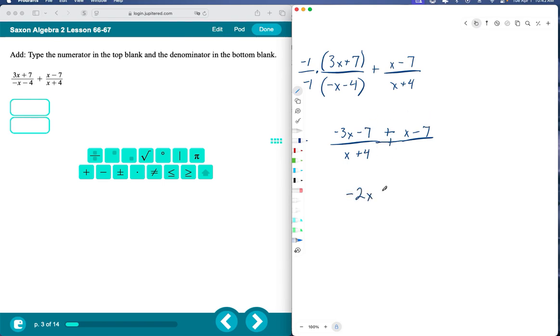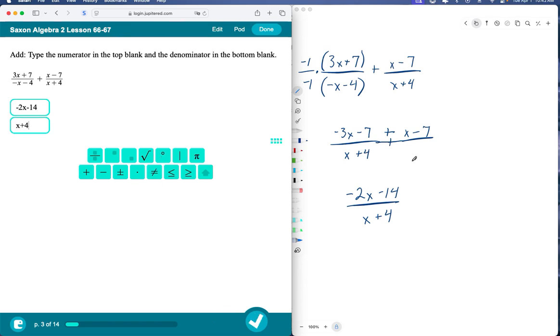Negative 7 minus 7 is minus 14, all over x plus 4. The denominator is positive, which is what we want. So that's what you would type here. You would say negative 2x minus 14 over x plus 4. And they're both correct.